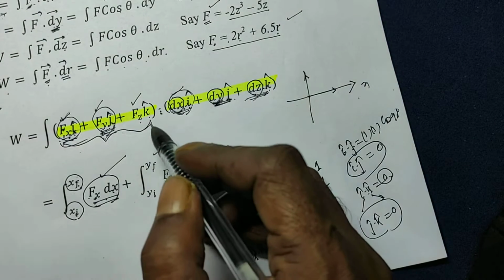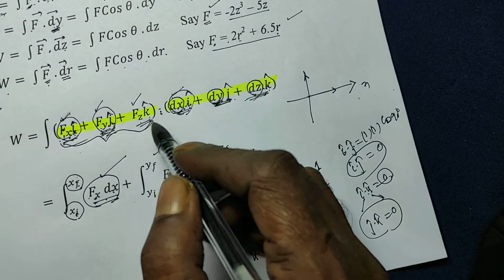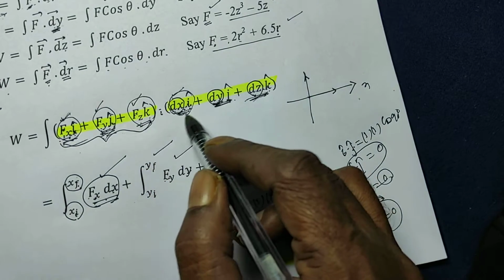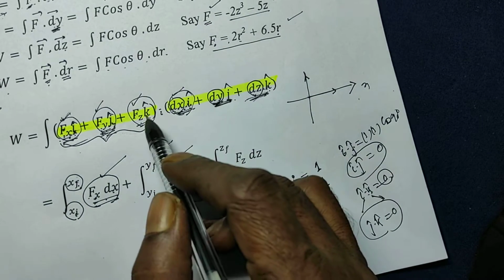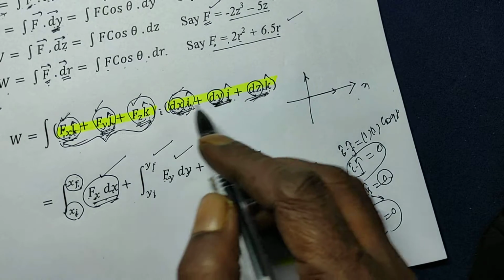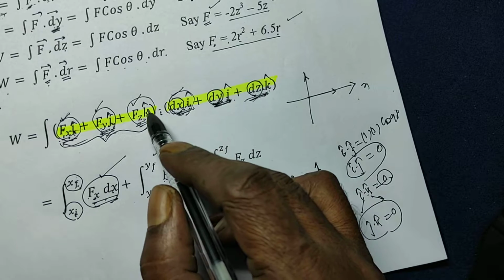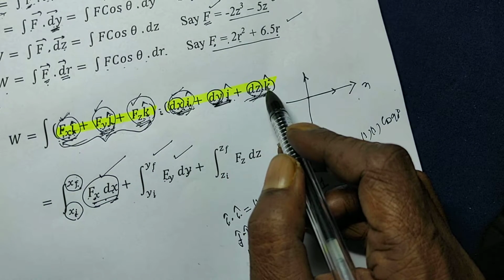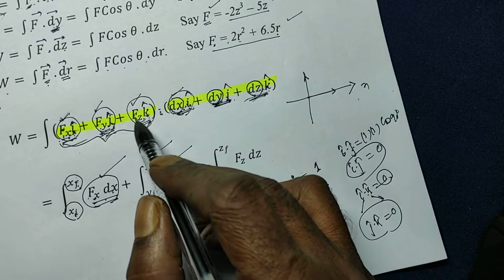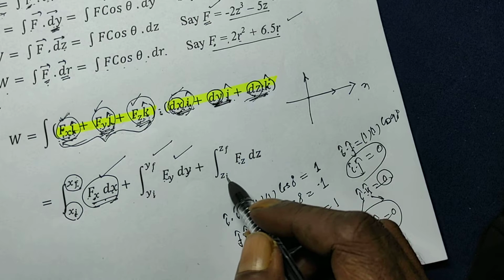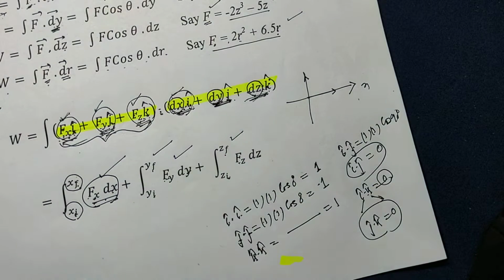Now similarly, Fz k cap will remain only with dz k cap. Its dot product with the other terms will be 0 because k dot I is 0 and k dot j is 0. So Fz k cap dot dz k cap, with k dot k being 1, leaves us with Fz dz, from z initial to z final.